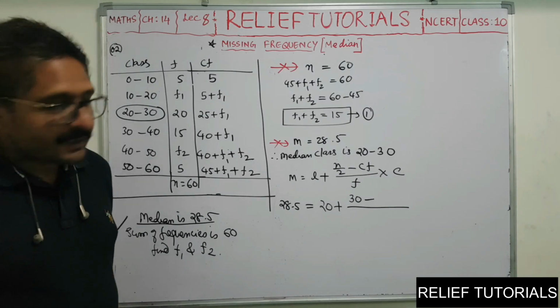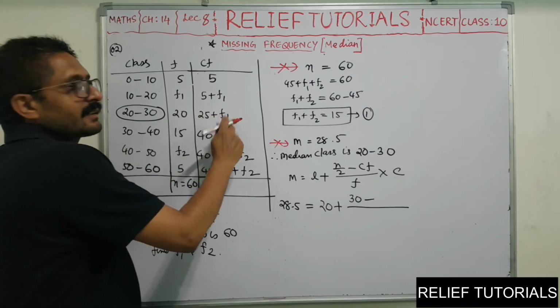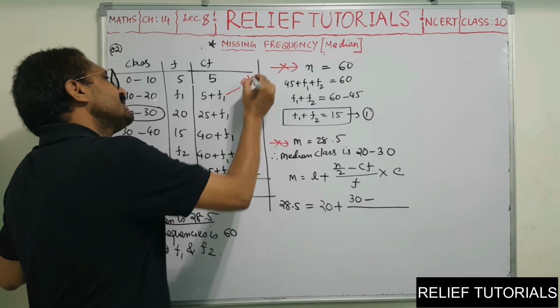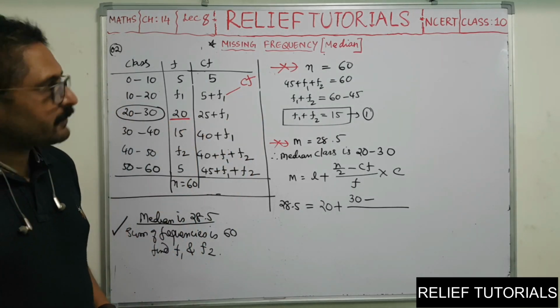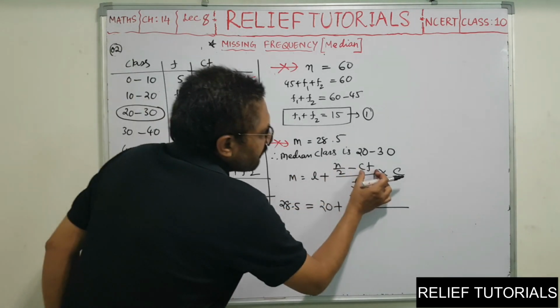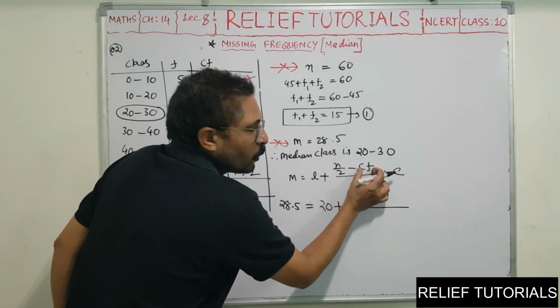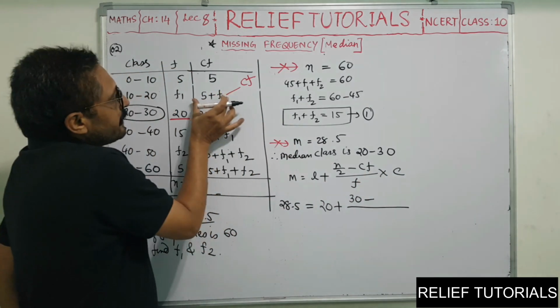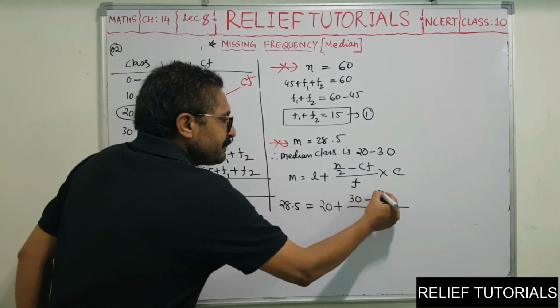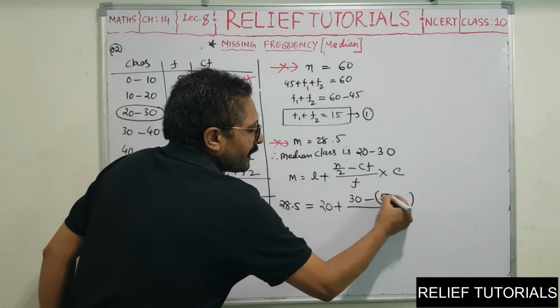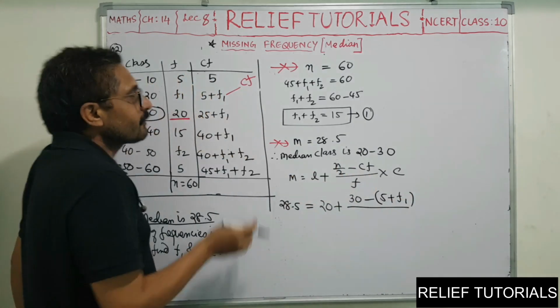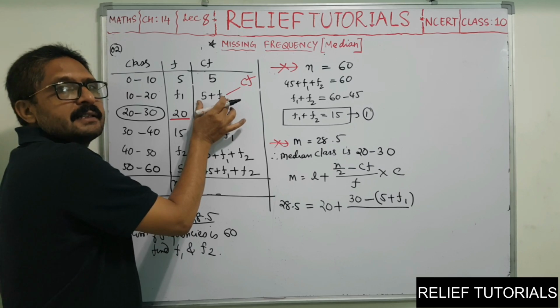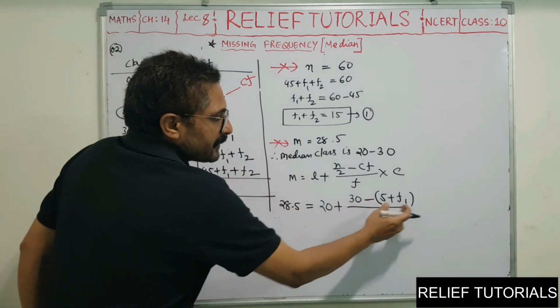Now the cumulative frequency is that of the class preceding the median class. This is our CF and this is our F. The minus sign is for the whole CF, and the whole CF is 5 plus F1. So I will write this in brackets: 5 plus F1. Don't make a mistake.